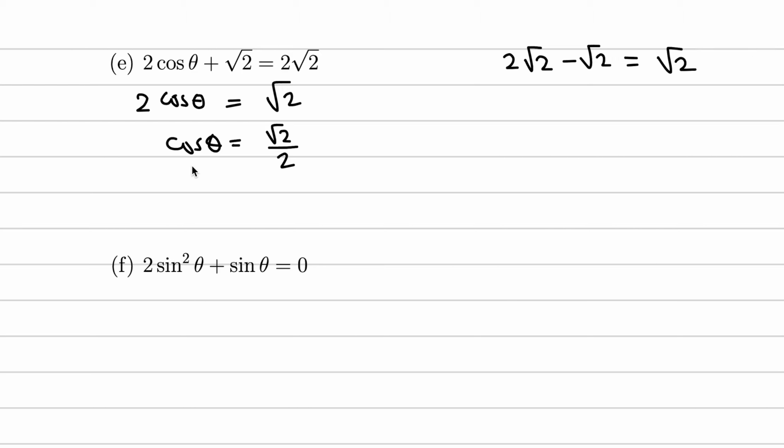Find the angles where the x coordinate is positive root 2 over 2. That is pi over 4, and there is one more place because cosine is positive in the fourth quadrant as well. That will be 7 pi over 4.